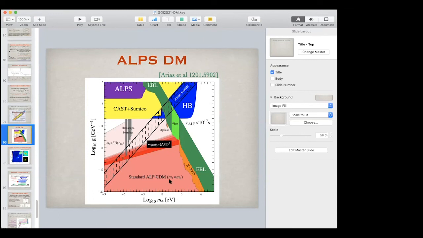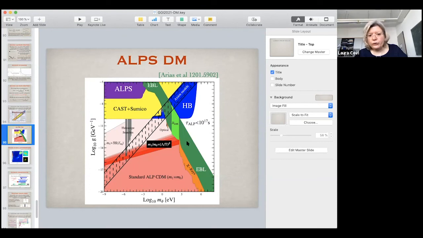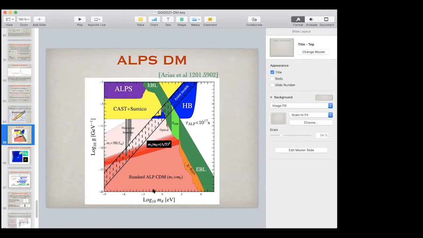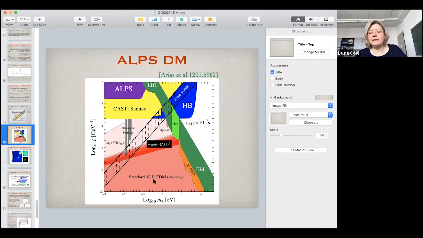Okay. I thought that the colored region is excluded. No, the top region is excluded, and also this green region is excluded. These are the limits from X-ray, because the ALP would decay, and even if it decays with a lifetime longer than the universe age, it still gives you gammas and stuff like that. So you have constraints on this part. Oh, okay. Sorry if I wasn't clear about that, but this red region is not excluded.